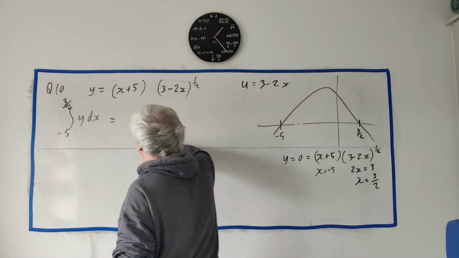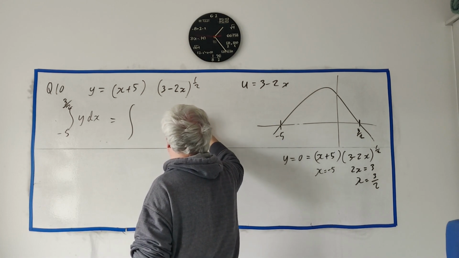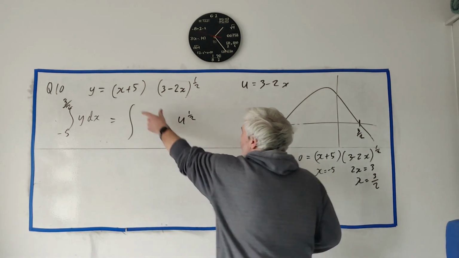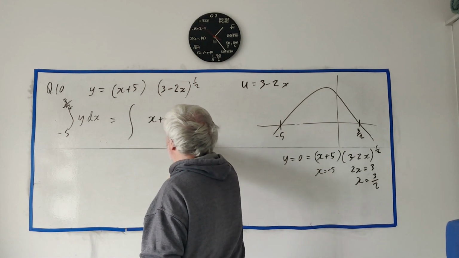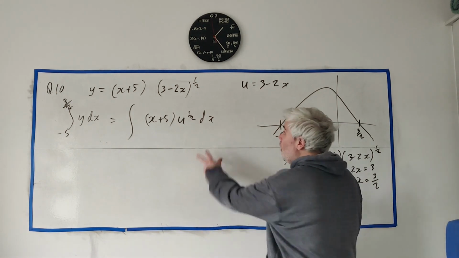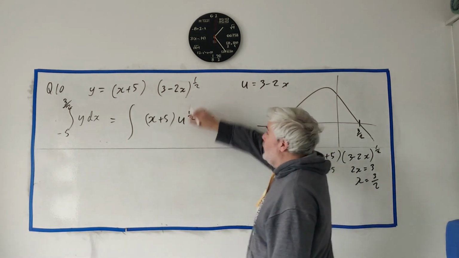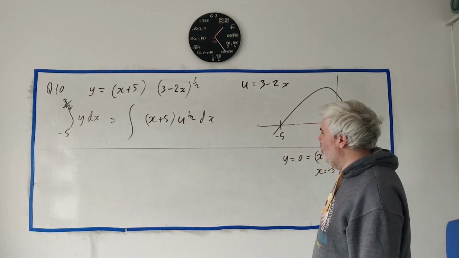So let's write this again as, instead of this, we'll have u to the power of a half. No point having any x's in here, is there? x plus 5 dx. We need all u's or all x's. We could put all x's, that's easy, except it's really hard to solve. So we need all u's here.